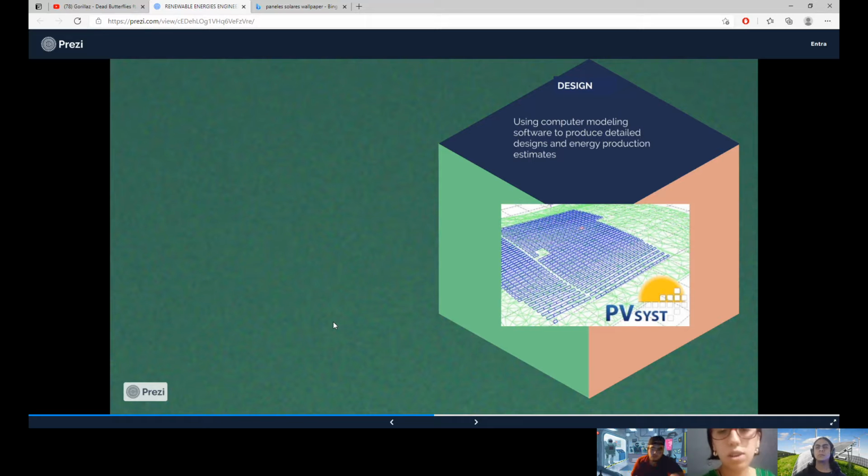So with these softwares that are like PVCs, Ecotech, and some others that we already know, these are going to help us to get a detailed design and to have a good production of the energy that we are going to need. Next, please.